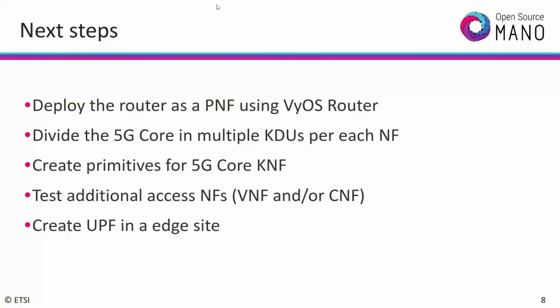Currently, all the 5G core is running in just one Kubernetes cluster. So to have one network function in a different site, we need to see the implications of having this kind of configuration. So that's the next steps.